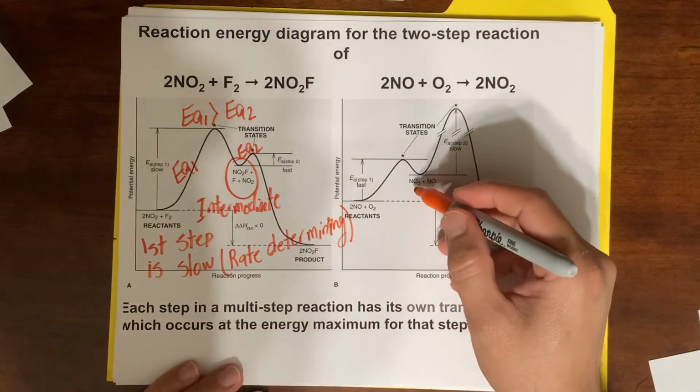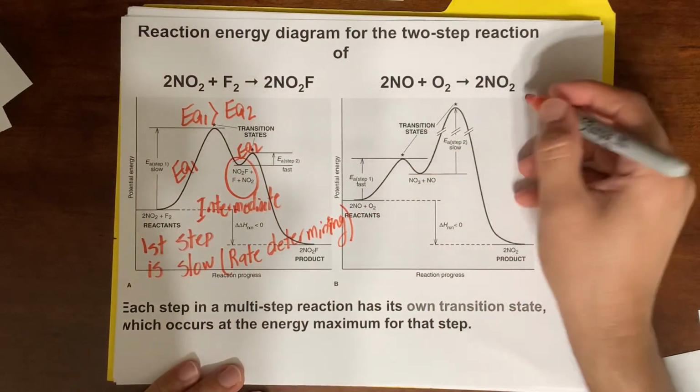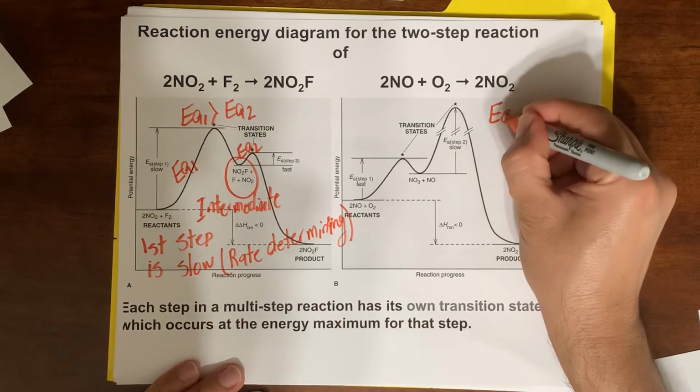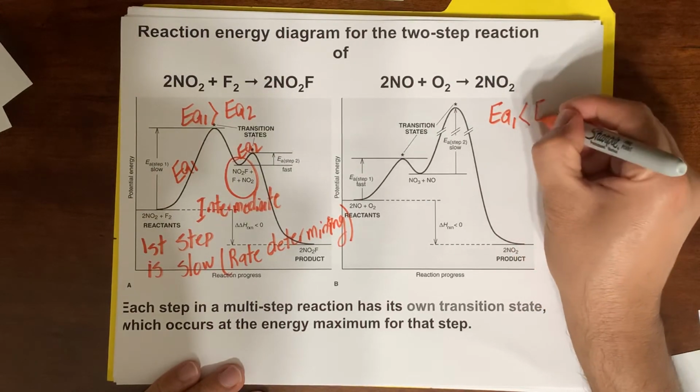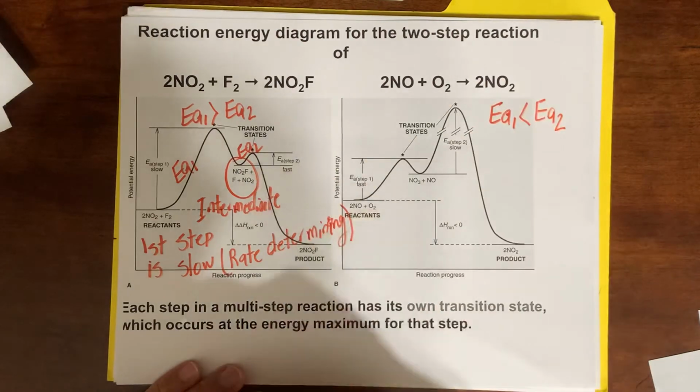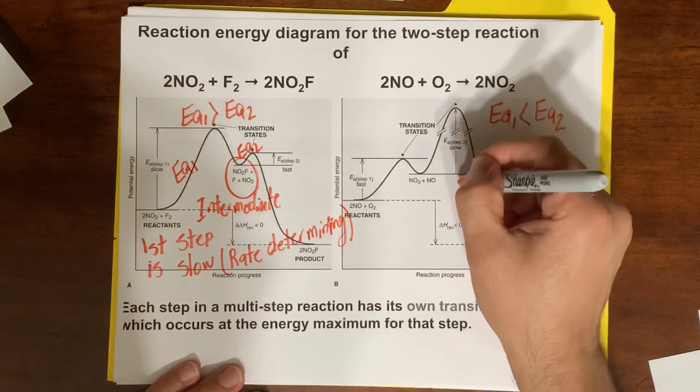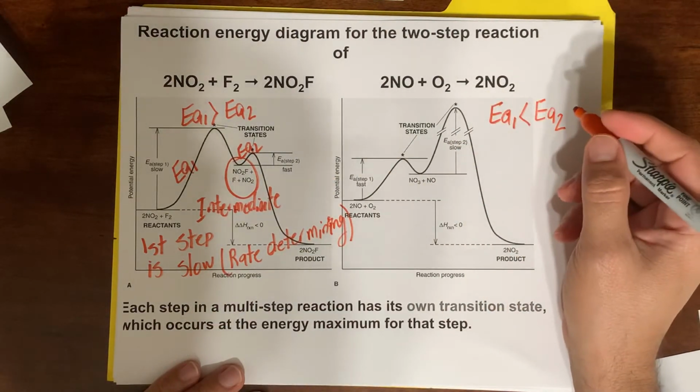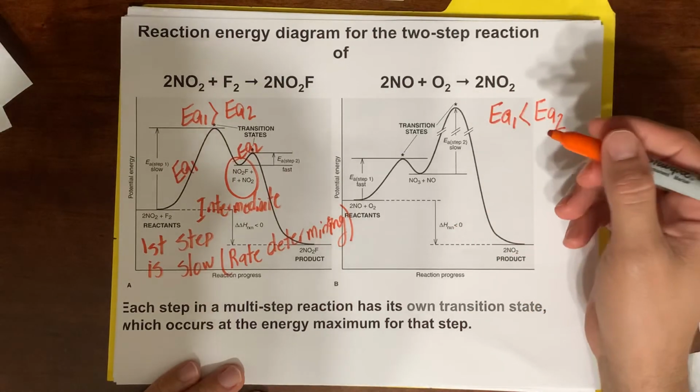In this other case, the activation energy for the first step is smaller than the activation energy of the second step. So the second step will be the slow one, the rate determining.